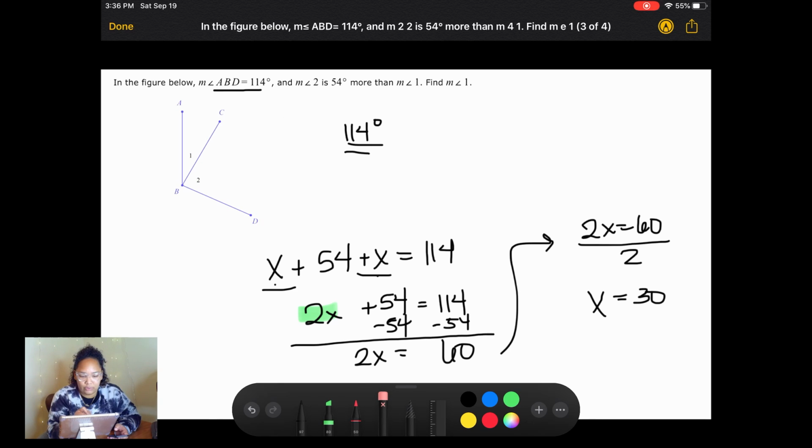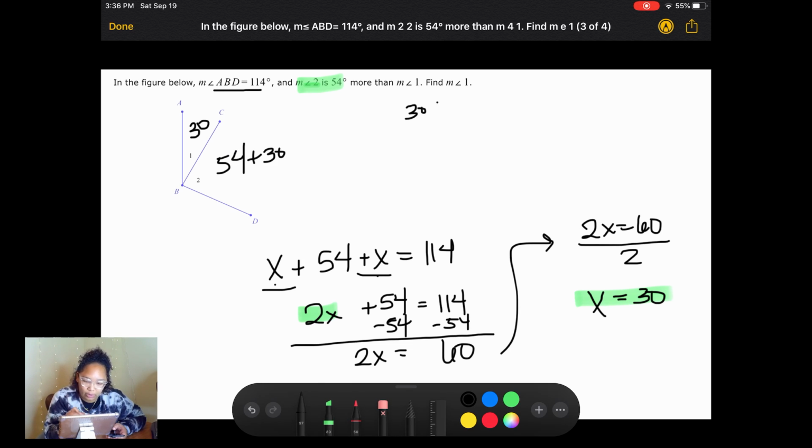So if I erase all this so you can really see the question, I started with measure of angle 2 is 54 more than angle 1. Well, angle 1, which I called X, is 30 degrees. And this other one is 54 plus 30.